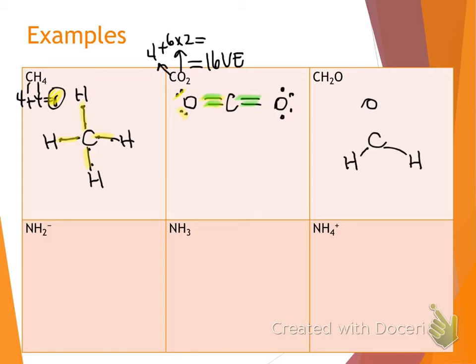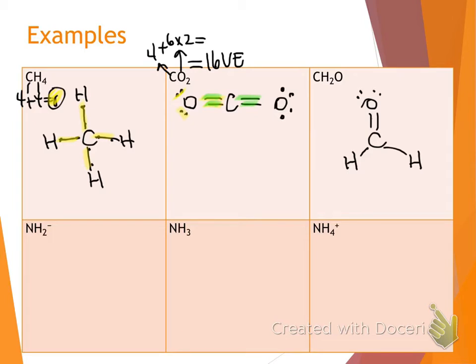Carbon likes 4 bonds, so it's going to need 2 more. Those other 2 bonds are going to go to oxygen. Oxygen likes 2 bonds, so it's good. But it still needs some more electrons because it needs a total of 8 as well. So it gets 2 lone pairs. So our oxygen has 4 to itself, 4 that it is sharing. Carbon has 4 bonds to give it 8 electrons. So we should be good to go.